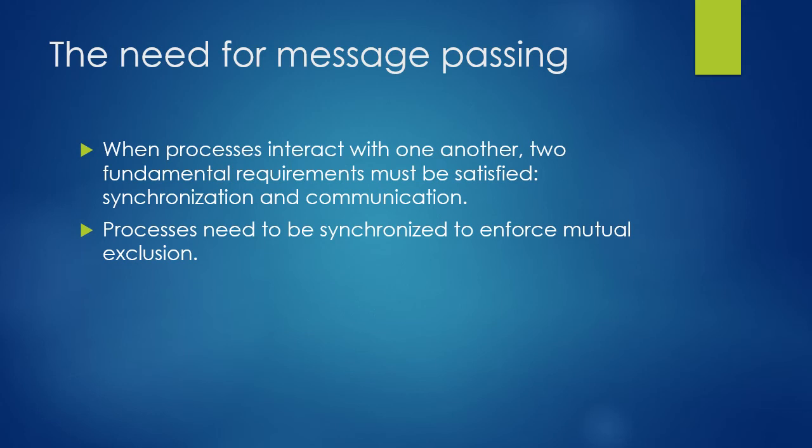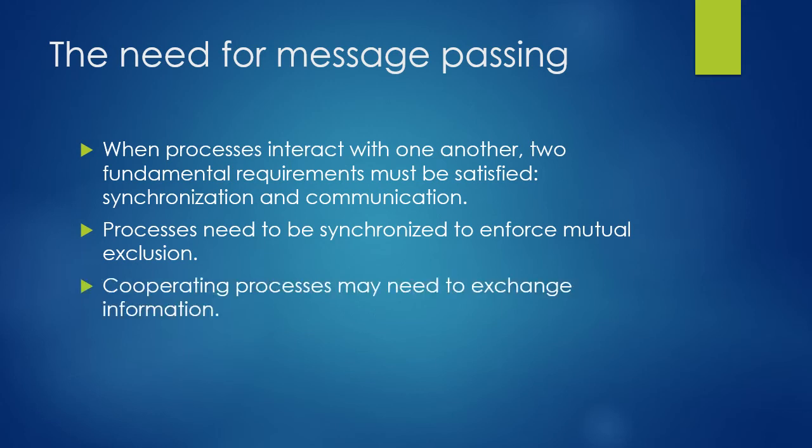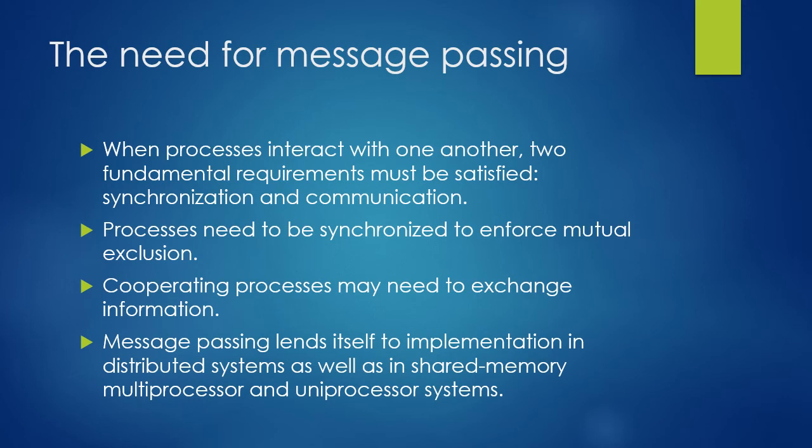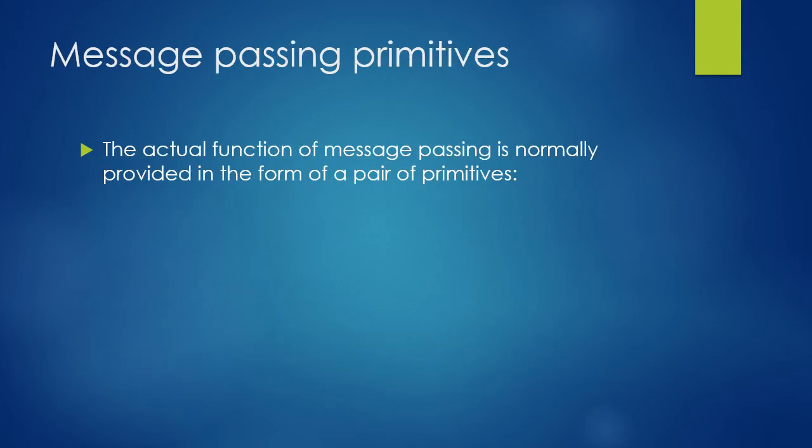Processes need to be synchronized to enforce mutual exclusion, and cooperating processes may need to exchange information. Message passing lends itself to implementation in distributed systems as well as in shared memory multiprocessor and uniprocessor systems.